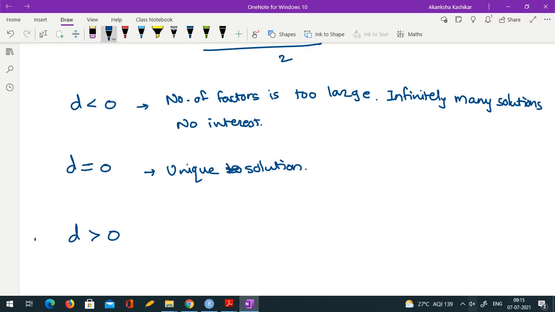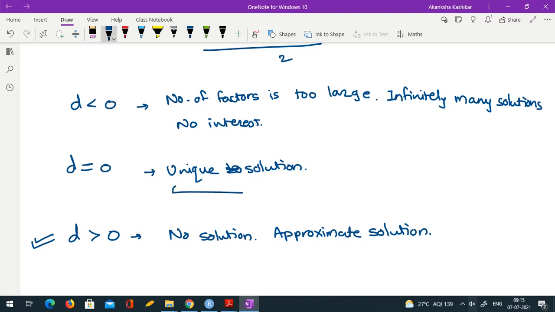The case of most interest to us is d greater than 0, where there is no exact solution. However, you can find an approximate solution, and of course you can rotate those solutions.